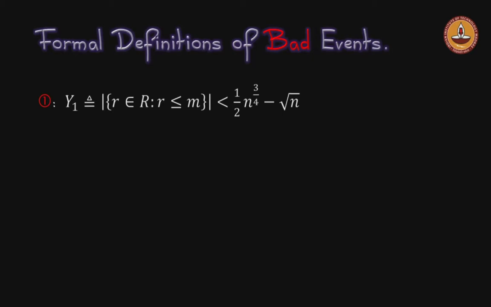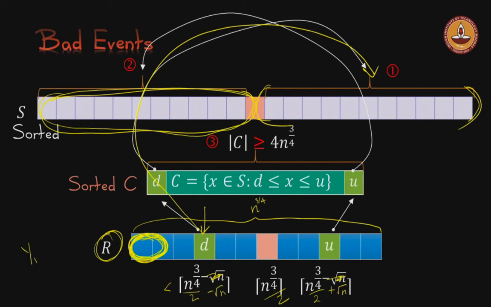So, what is the precise definition here? You have defined y1 and you want that to be less than half n to the 3/4 minus square root of n. What does that mean? When y1 is less than this quantity, all the elements that were sampled left of median are only occupying the portion to the left of D. Okay.